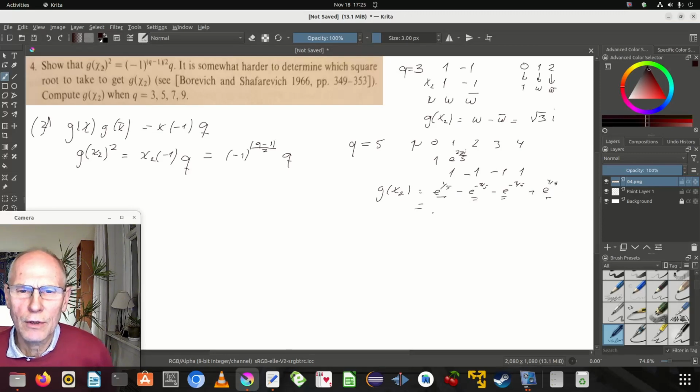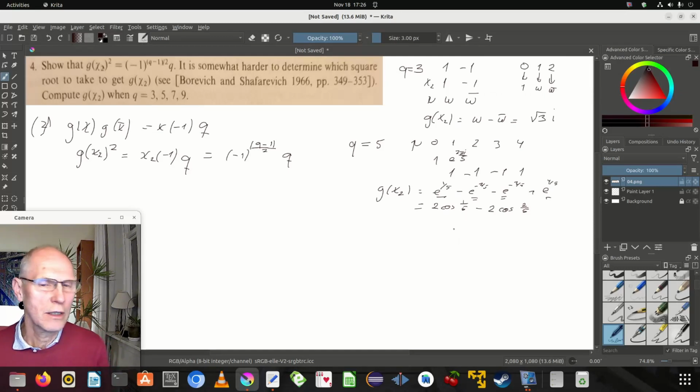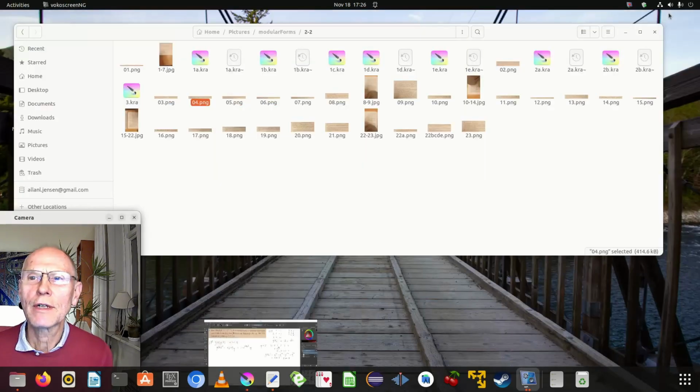So these two give 2 cosine 72 degrees, and these give 2 cosine of 145 degrees. I actually have the values of these somewhere. Mabel could do it probably. Then I don't have to do it, so let's do that.